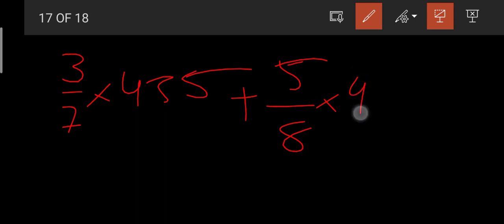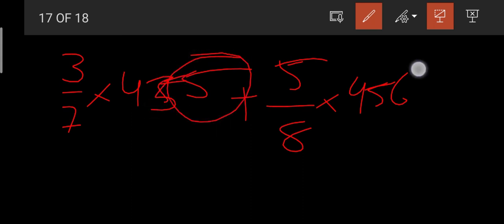They have given us 3 by 7 into 455 and then plus 5 by 8 into 456. Instead of calculating all the numbers, what did we do? We have taken the last digits to get our answer. For a multiple of 7 with 5 as the resultant, 7 should be multiplied with 5.